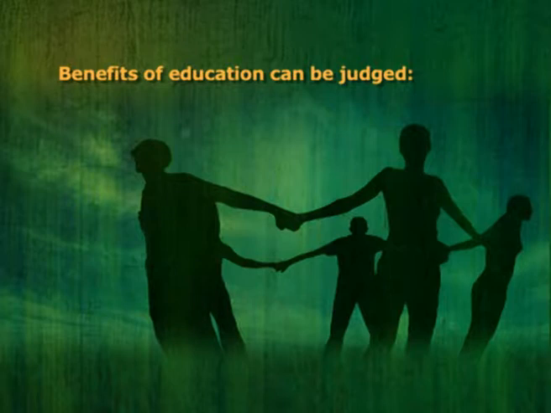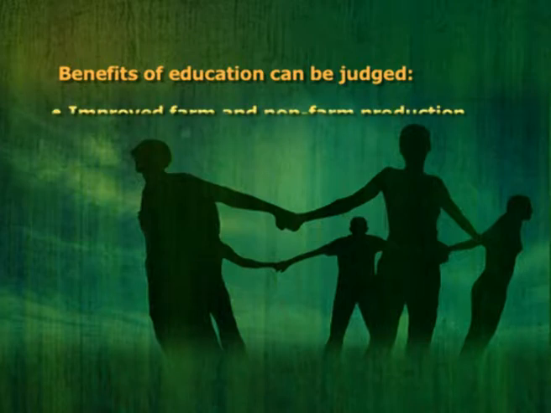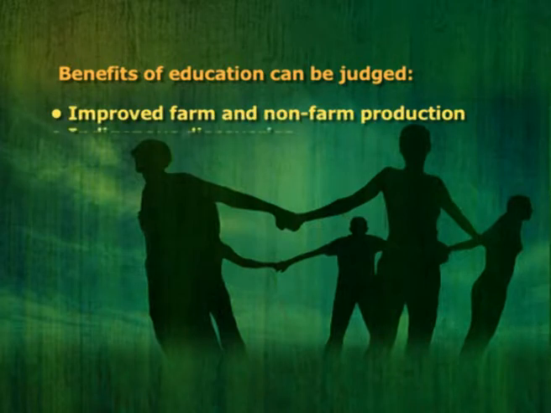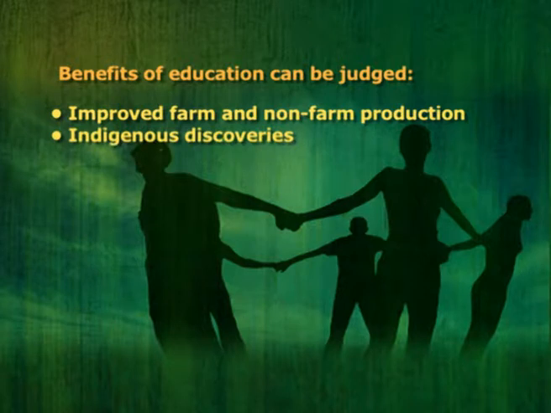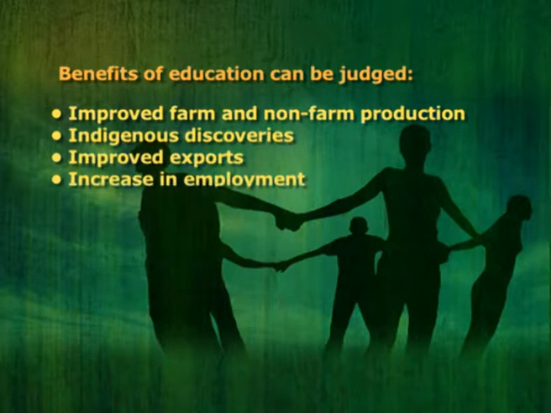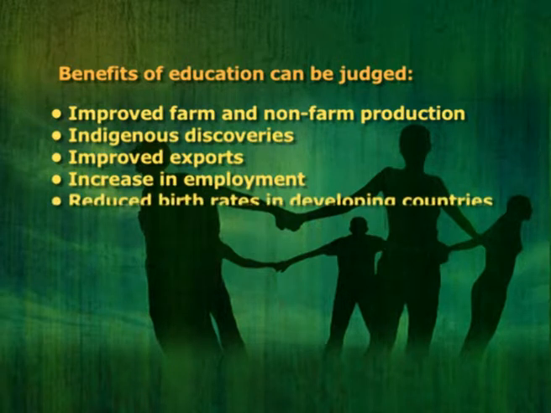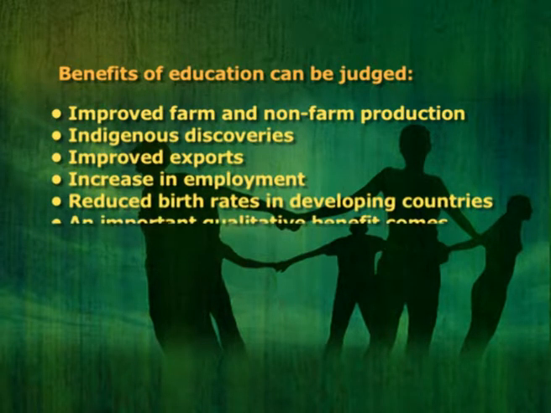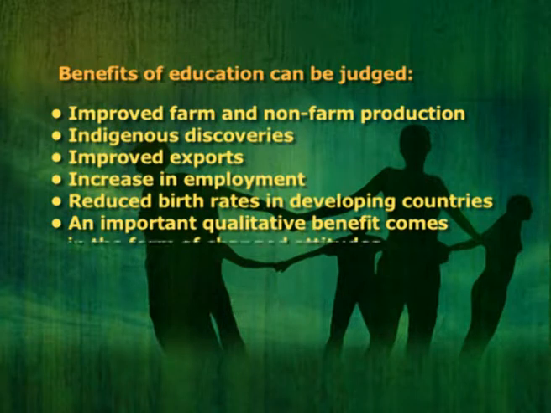The benefits of education can be judged from improved farm and non-farm production, indigenous discoveries, improved exports, increase in employment, reduced birth rates in developing countries, and an important qualitative benefit that comes in the form of changed attitudes.